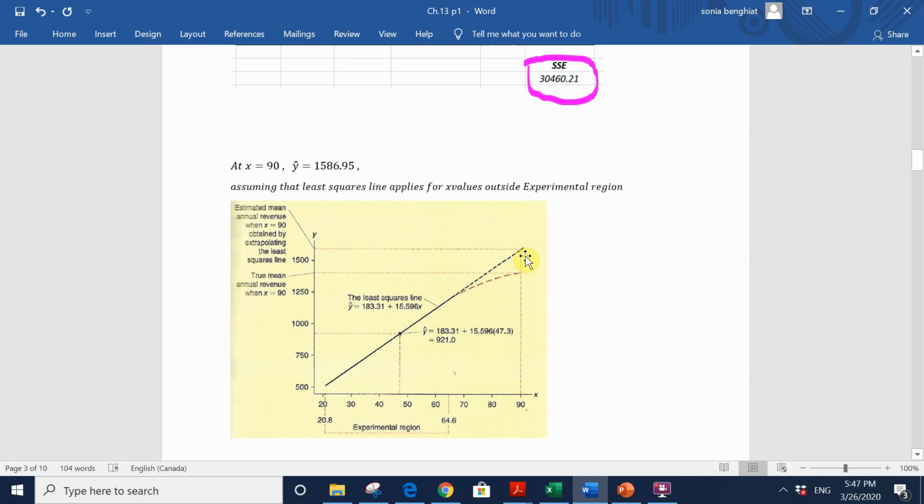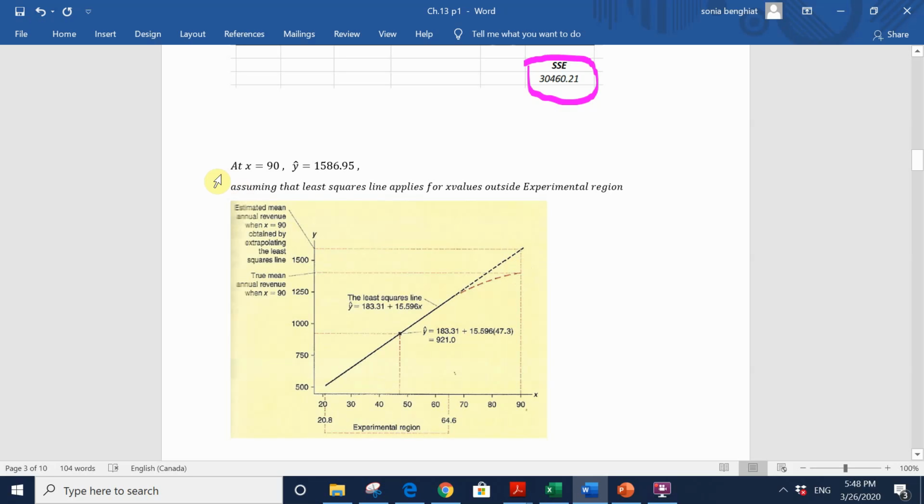What happens if my line of means all of a sudden takes a curve? Then if I were to estimate my y value using the original estimated line of means equation, in fact my answer would be off by quite a bit, as you can see over here.